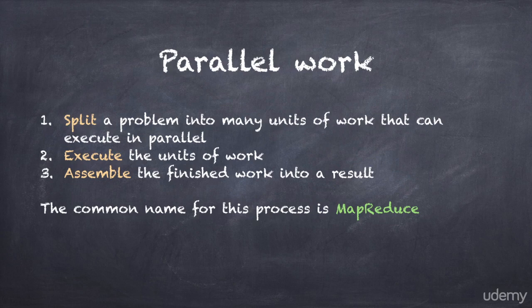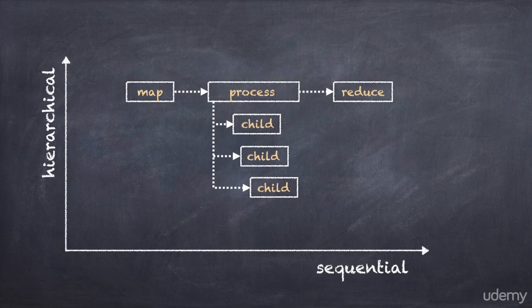You can easily implement this process with tasks by creating a 3-step continuation: the map step, the execution step, and the reduce step. The execution step will be a parent task with many child tasks to execute the work. And because it's a parent task, it will not continue until all child tasks have completed their work.